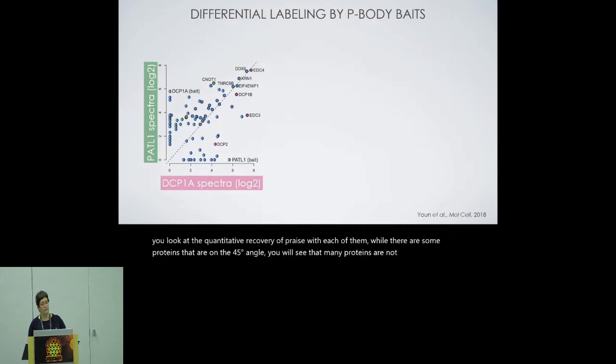They're falling more on one side or more on the other side. While this could be because we are not good at doing experiments, we thought that this was probably not the reason, because the stuff that fell closer to the pink bait, DCP1, were actually known interactors of the pink bait, while the stuff that fell the other way tended to contain interactors that were known for that green bait.